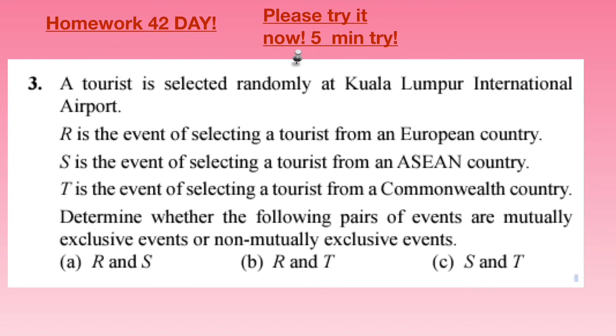Determine whether the following pairs of events are mutually exclusive events or non-mutually exclusive events. R and S, R and T, S and T. Please try it on your own. We'll discuss later.